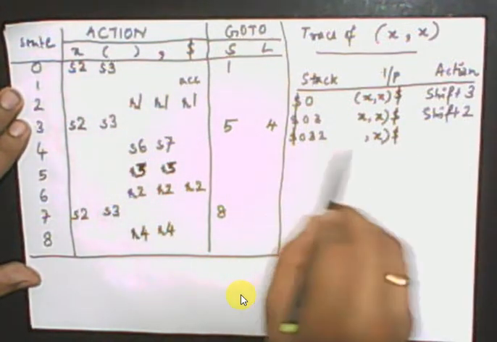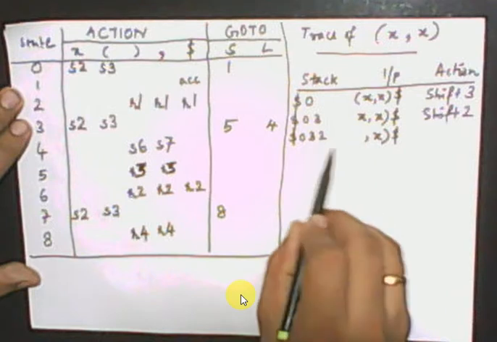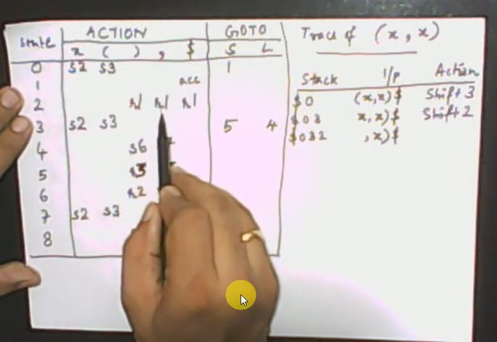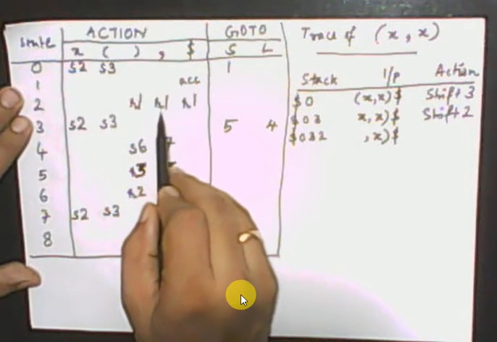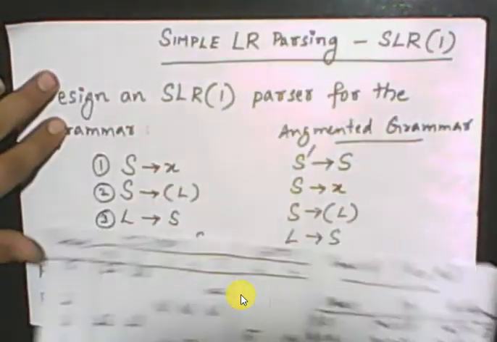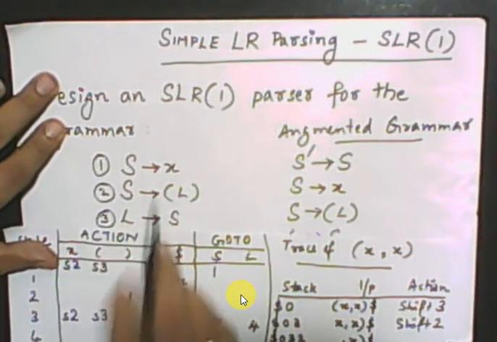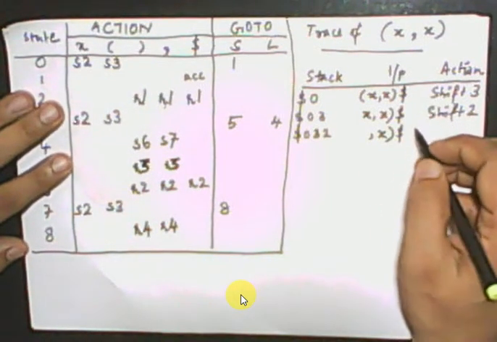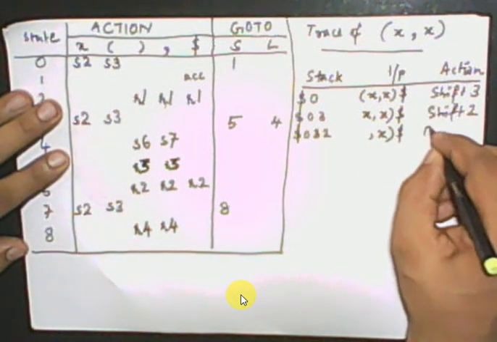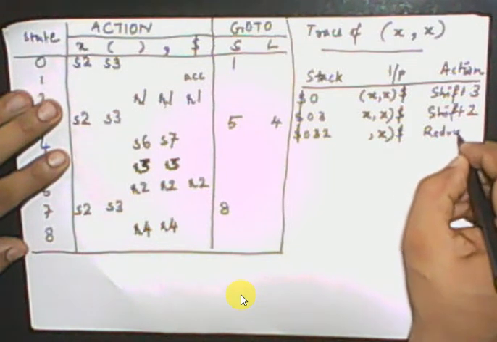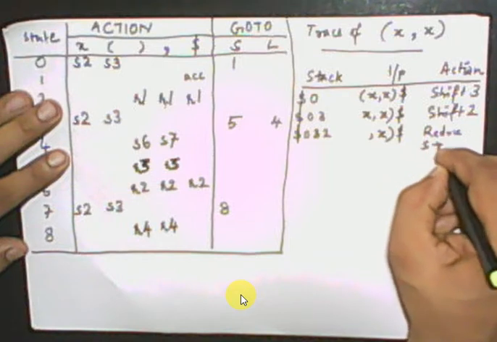Now 2 on comma, you have reduction using the first production, that is S gives x. I'll write reduce S gives x.